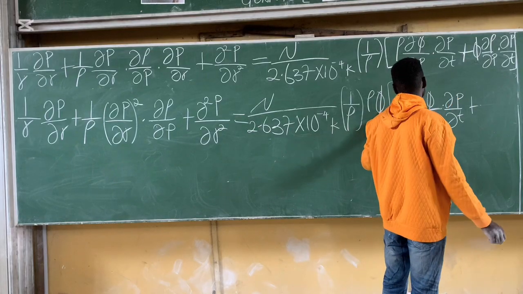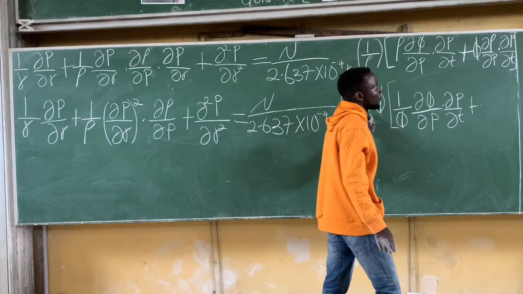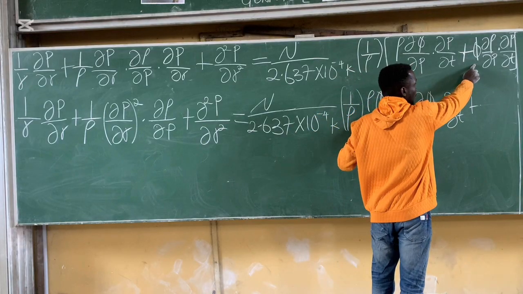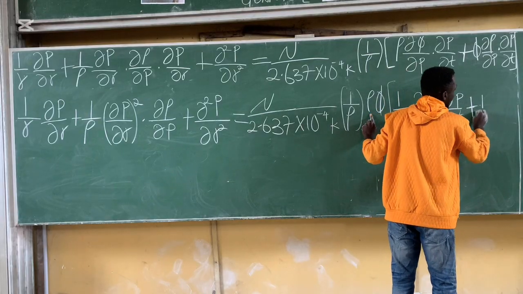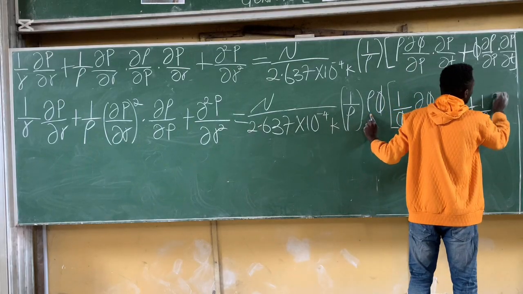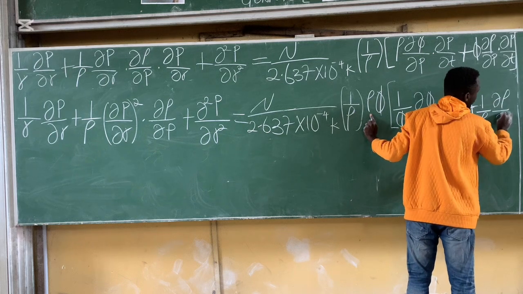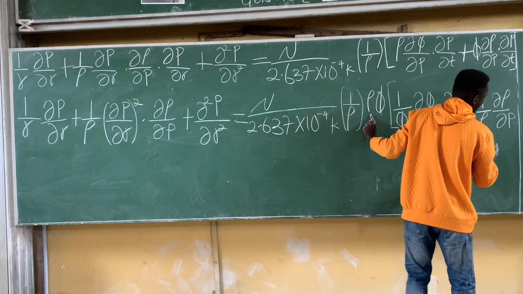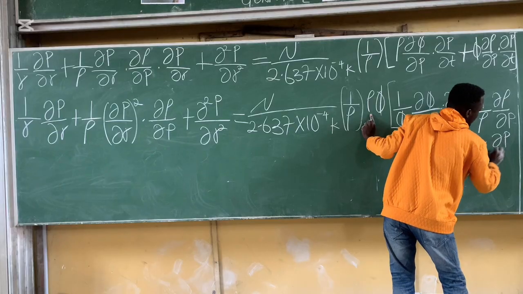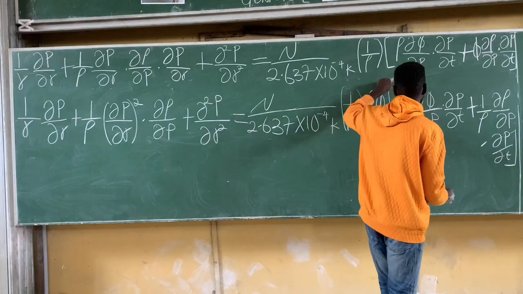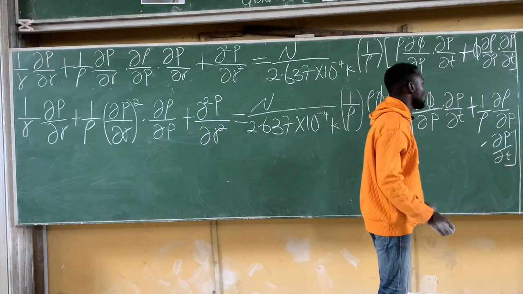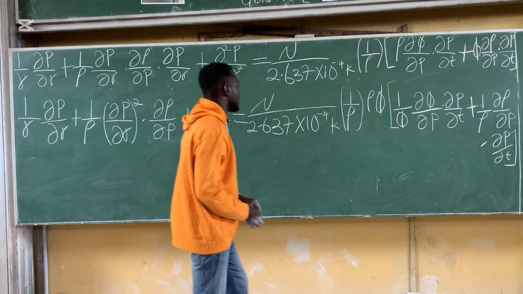Factor out rho from here, there is no rho here. So if you factor out rho from here, there is no rho, we are going to have plus 1 over rho into the ∂ρ/∂p plus ∂p/∂t. So let's close this. This bracket closes at this point. We are going to have this equation.